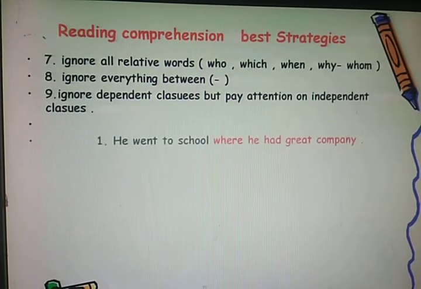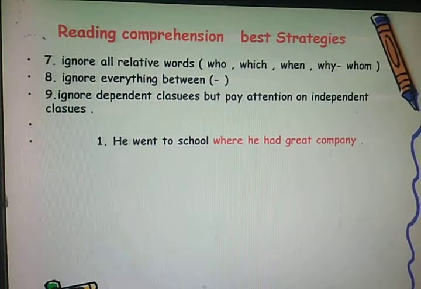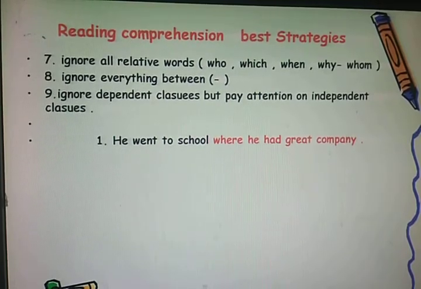See examples. He went to school where he had great company. He went to school is an independent clause. Where he had great company is a dependent clause. According to this strategy, we have to focus more on the independent clauses rather than dependent clauses.